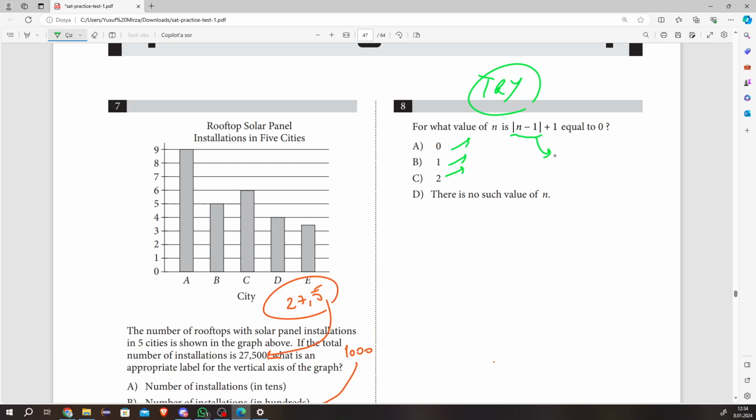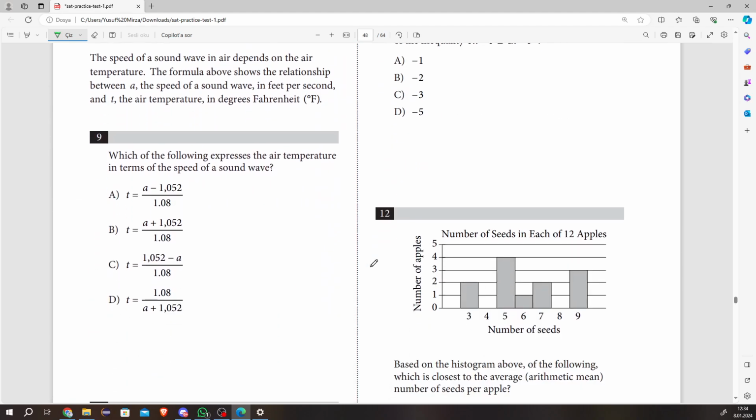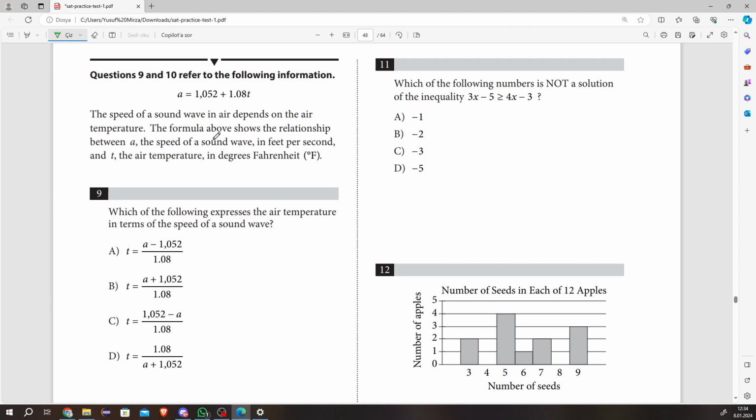So this should be positive, and this positive, and positive plus positive could not be 0. So we can simply say D. Also we can try 0, 1, 2, and also the answer is D. So let's move ahead. Also we can easily use the try method here.